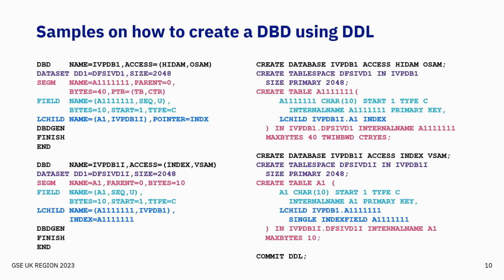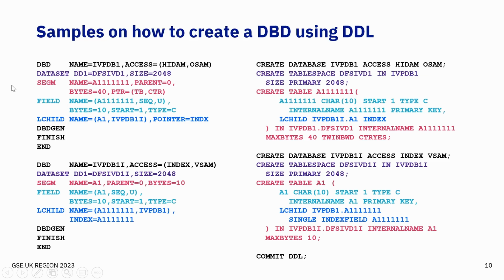On the right-hand side, and this is a very nice way for somebody who's first learning to go from DBDs to DDL, right? On the right-hand side are the DDL statements that you need to code up. So you'll see here it says create database, and the name of the database is IVPDB1, access HIDAM OSAM, right?